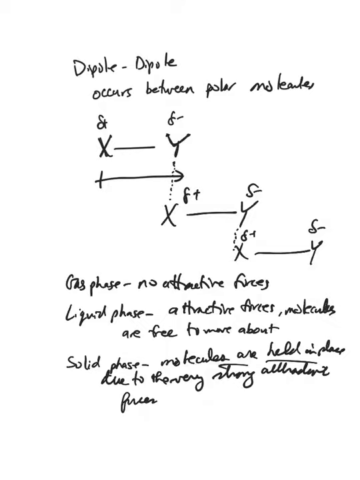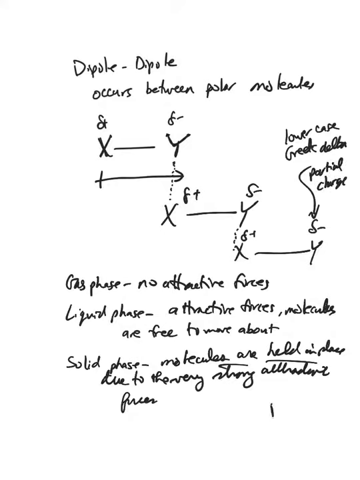And so this little symbol that I have here is a lowercase Greek delta. It means partial charge. It's not something like sodium and chloride where we have separate ions. We've got a covalent bond here, and there's an uneven separation of charge in the molecule, and that gives rise to the dipole interactions.